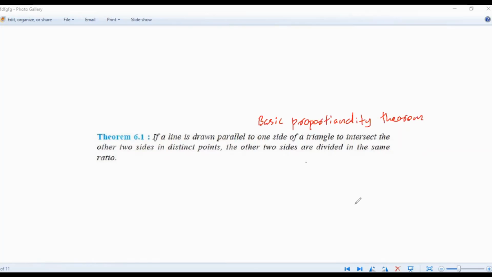The theorem says that if a line is drawn parallel to one side of a triangle, so we have a triangle here. Suppose this is a triangle, we can give some name PQR. If a line is drawn parallel to one side of a triangle, so suppose I draw a line here, I give name MN.